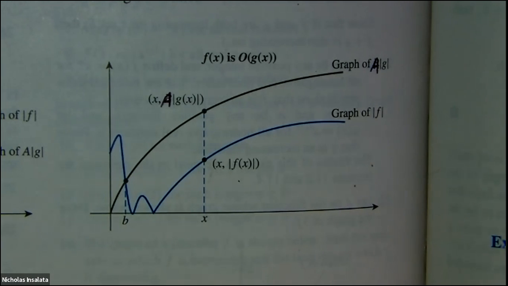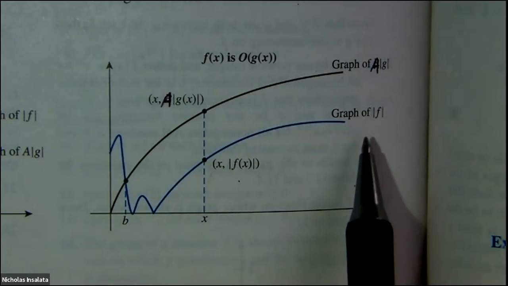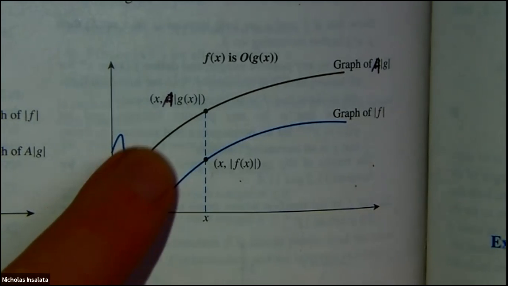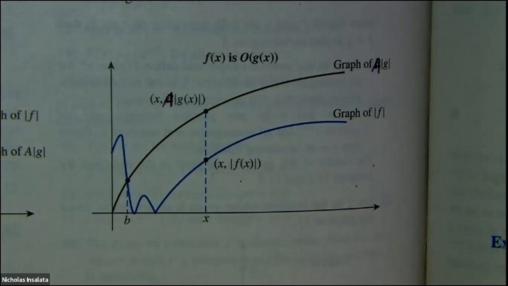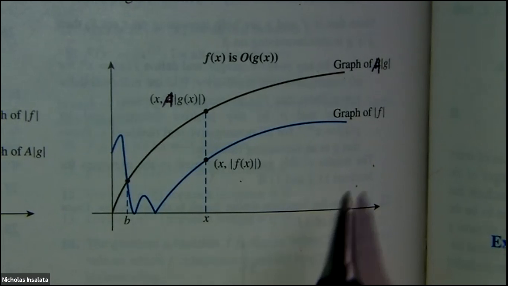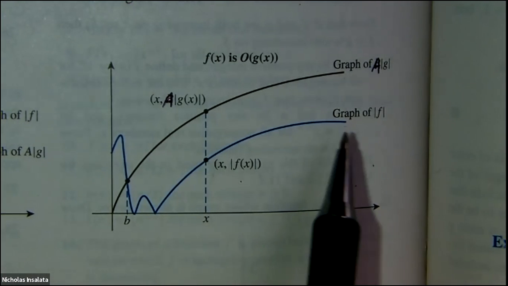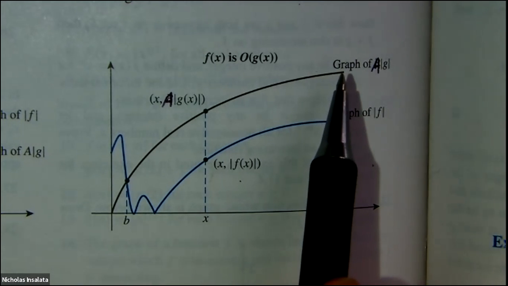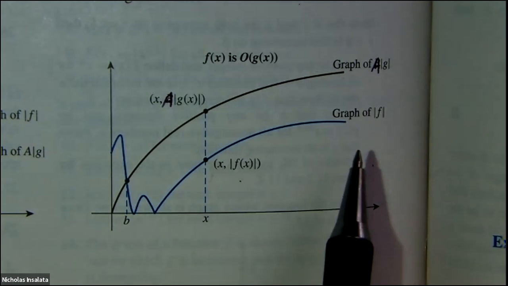And we're saying this graph f has a boundary of the black line above it, right? And that means that we have a worst case scenario for f, because the worst case scenario for f is g, because g is going to be on top of f.